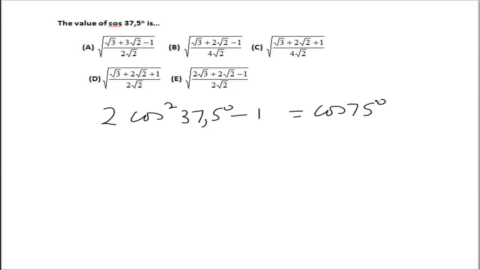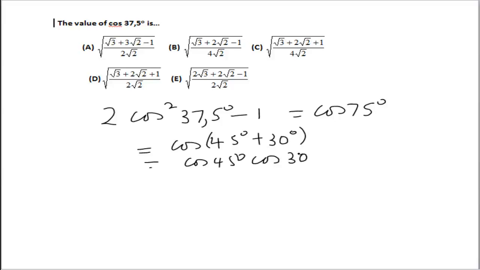We will just focus on the 75 degrees for the moment, which is cos of 45 plus 30, and that is the same as cos 45 cos 30 minus sine 45 sine 30.